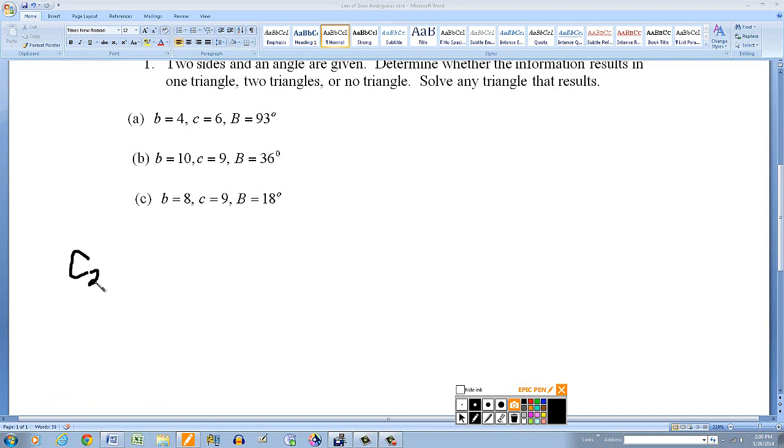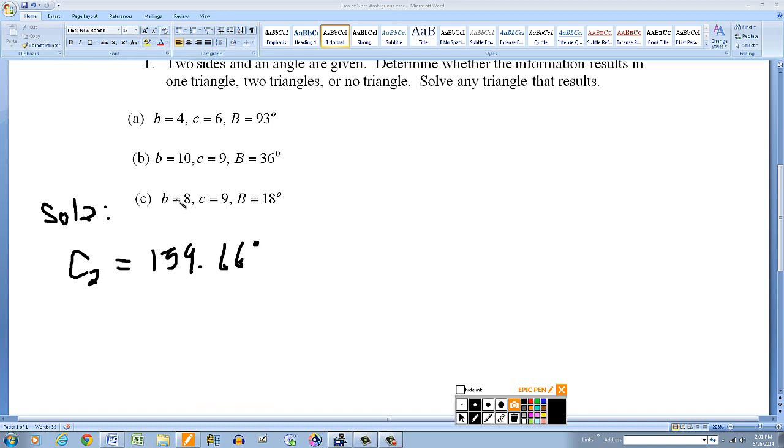For the second solution, this is solution 2, for the second triangle, C2 will be 159.66 degrees.